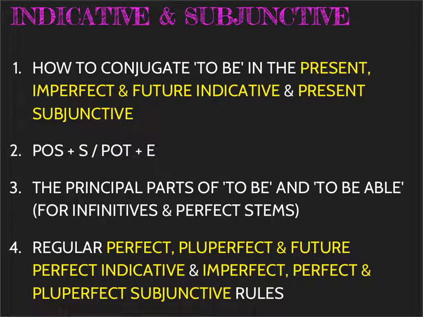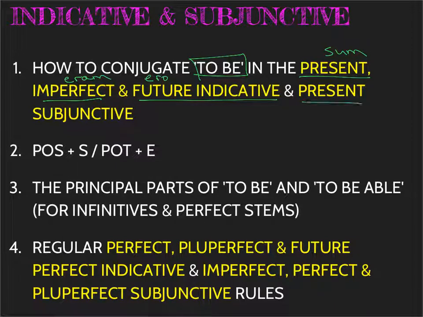So let's just recap exactly what needs to be memorized and which rules you need to know. The difference between memorizing individual verbs in a conjugation and then knowing the rules should help you manage this. So, yes, you do need to be able to conjugate the verb to be in the present, sum, es, est, in the imperfect, eram, eras, erat, in the future, ero, eris, erit, in the indicative.